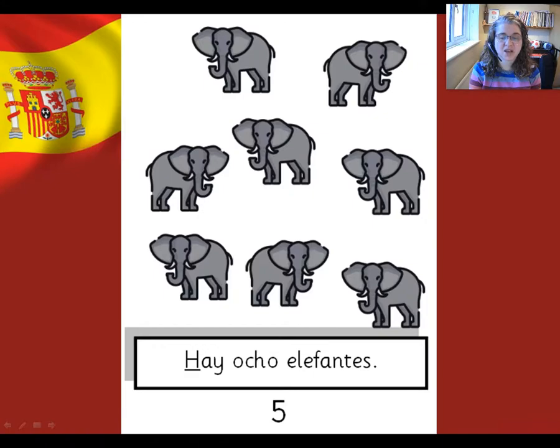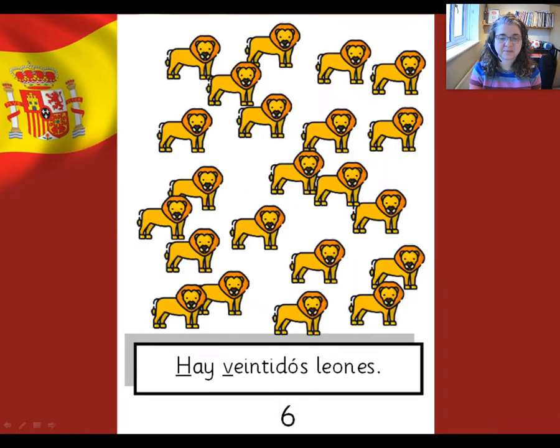That's right, there are 8 elephants. Hay 22 leones. What can we find next in this animal park? There are 22 lions. It's a lot of lions. You don't usually see that many together.